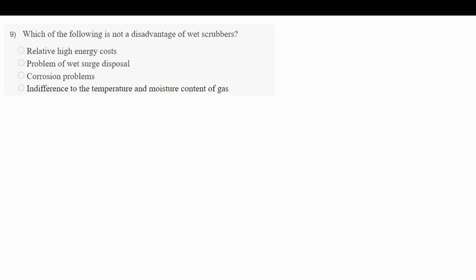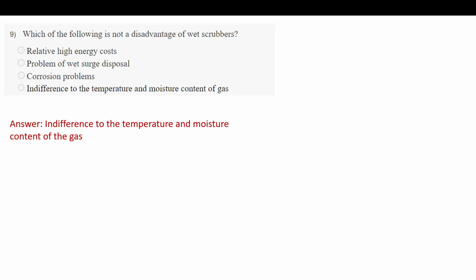Next is which of the following is not a disadvantage of wet scrubber? So the correct answer for this is the indifference to the temperature and moisture content of the gas, because wet scrubbers are not sensitive to any temperature gradient or the moisture content of the gas.